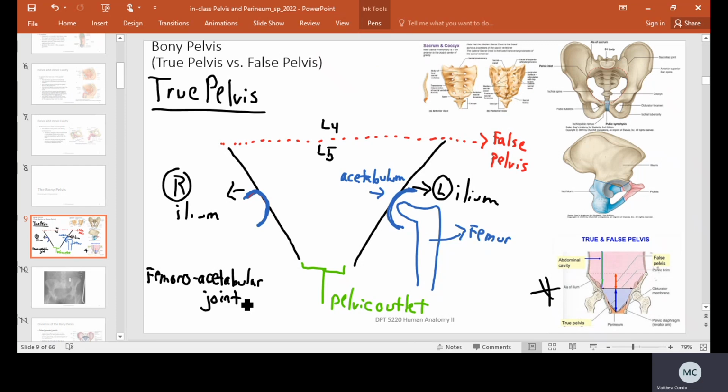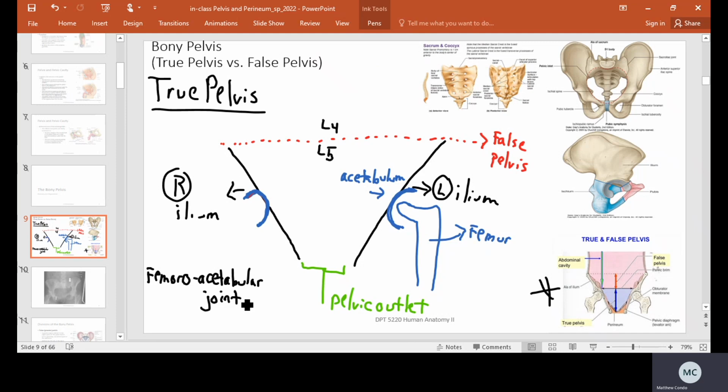So when I refer to the femoral acetabular joint, that's going to be the articulation between the femur and the acetabulum. Understand that my acetabulum is going to be a portion or a section out of my pelvis. That's going to be really important to remember because we're going to see patients with something like femoral acetabular impingement syndrome, right?